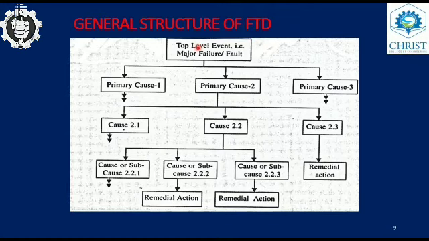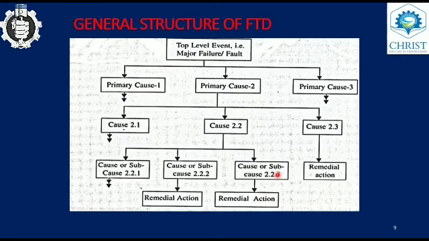There is a top level event which combines a lot of primary events: primary cause 1, primary cause 2, primary cause 3. A brief elaboration of primary cause 2 shows it may be due to 2.1, 2.2, 2.3. If the reason is 2.3, then take some remedial action. If the reason is 2.2, then search for the sub reasons, that is 2.2.1, 2.2.2, 2.2.3.